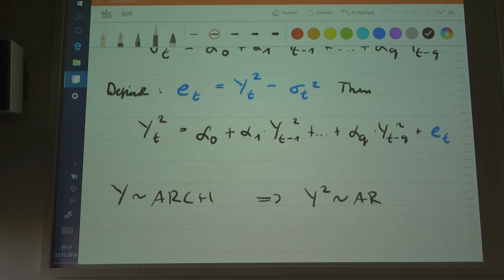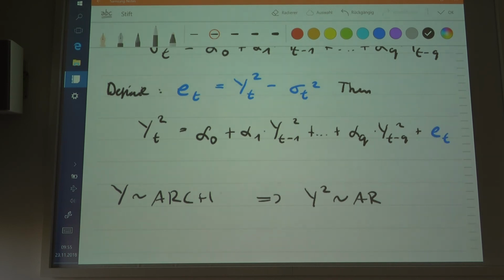So if the squares of the process can be represented by an autoregressive model, then this might indicate that there are some ARCH effects involved for the original process. That's how we need to recognize it.